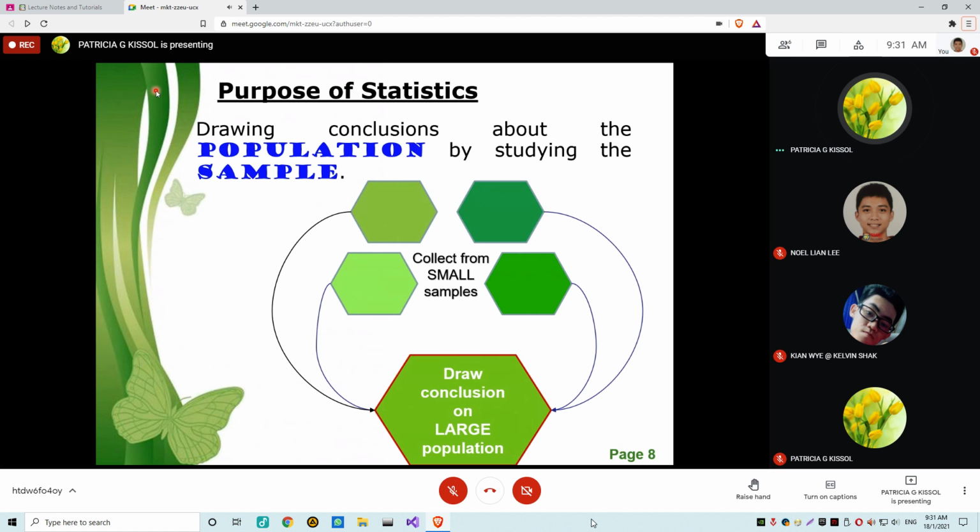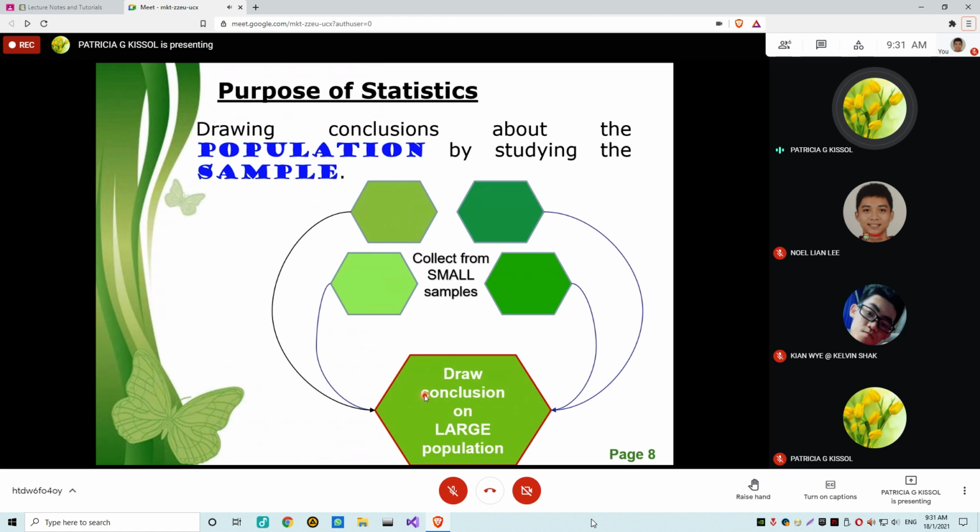So I mentioned population and sample, right? In order for us to draw a conclusion about the population, we are only going to study the sample.